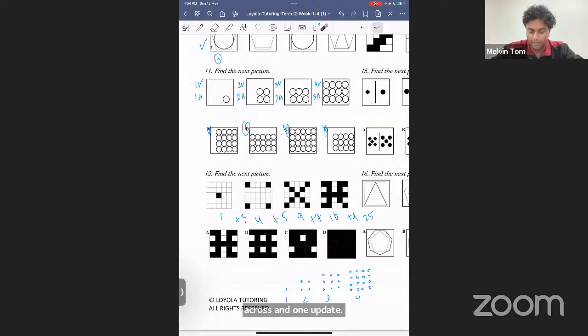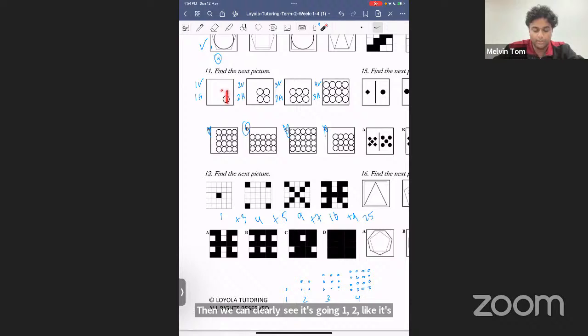So many of you are asking me, why is it not D? I don't understand. How can it be D? Because D is the exact same as this. It doesn't make any sense. If you look at it, it should at least increase now. And we can clearly see it's adding vertical lines each time.